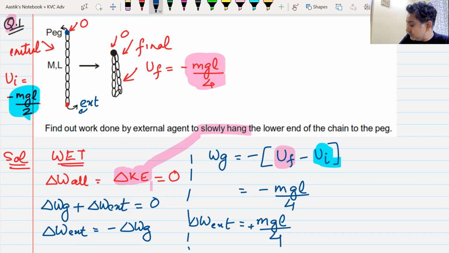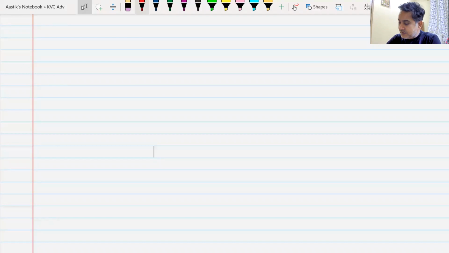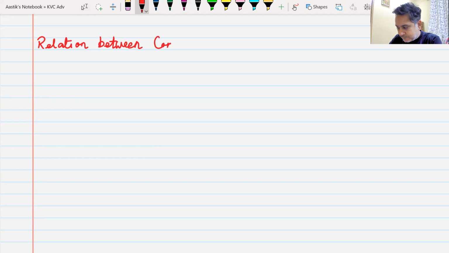Have you noted it down? Done, sir. So the next heading that is going to come is the relation between conservative force and potential energy.